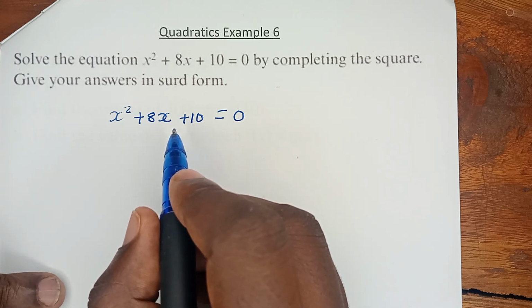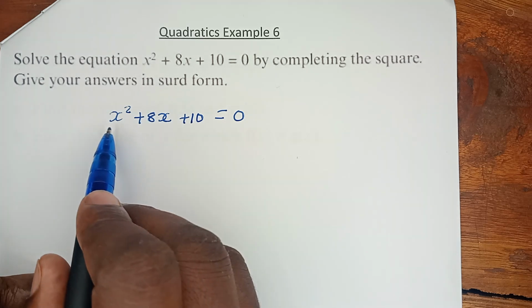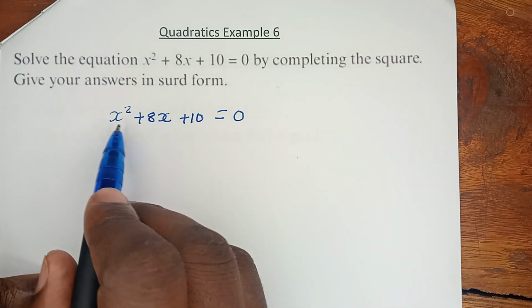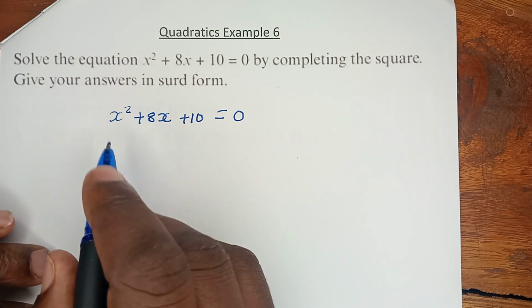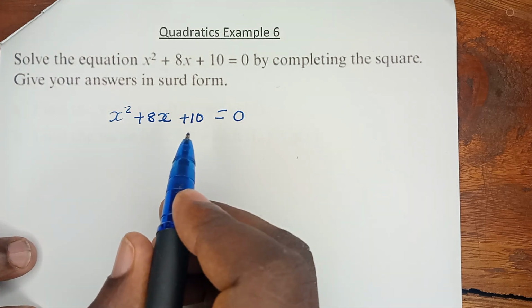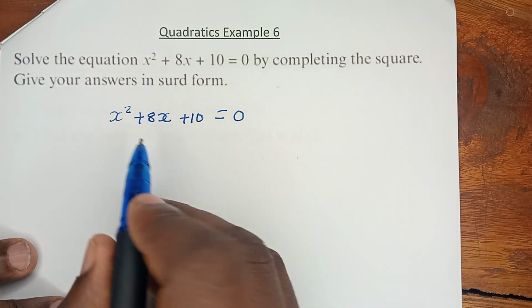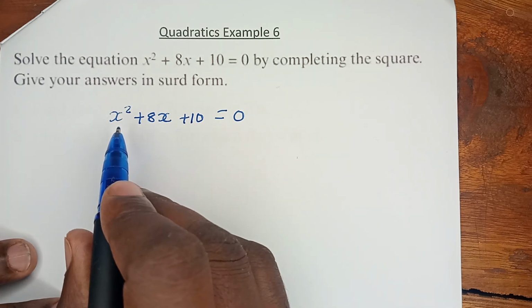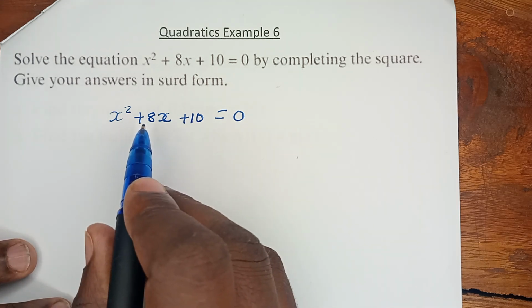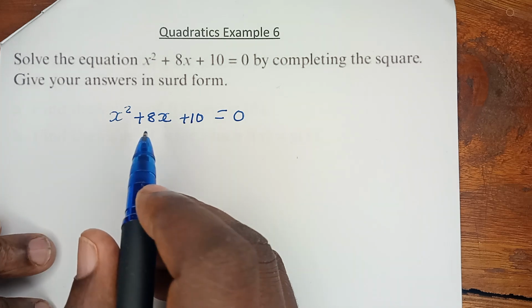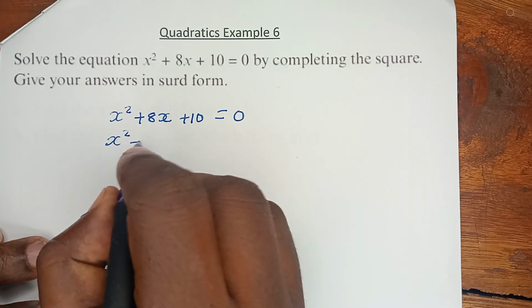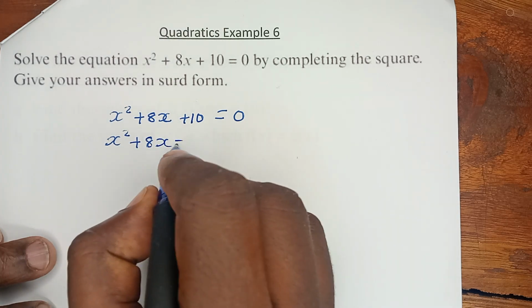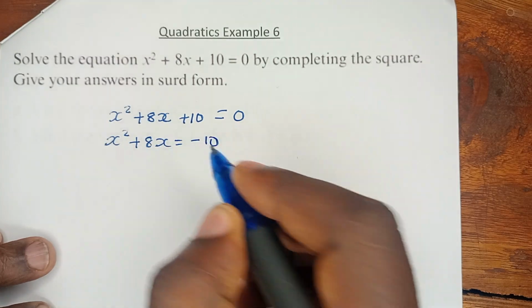We only have something to do with the x values, or the terms that have the variable x. So in this case, I would wish to take 10 across so that I'm left with the first term and the second term only on the left hand side. So I have x squared plus 8x is equal to negative 10.